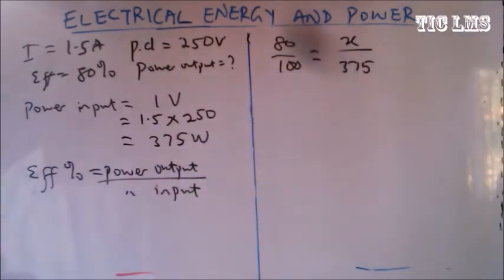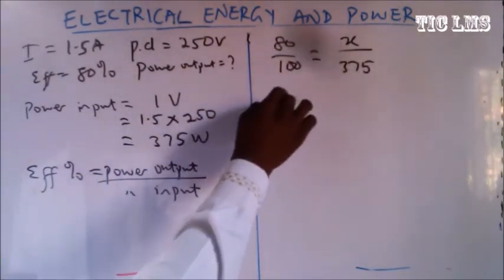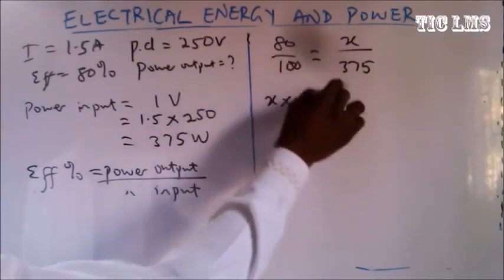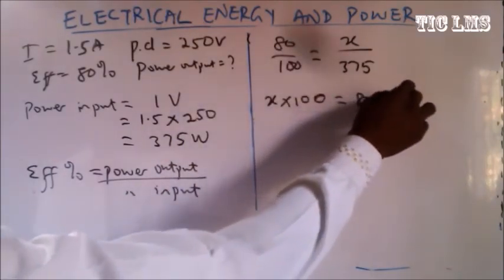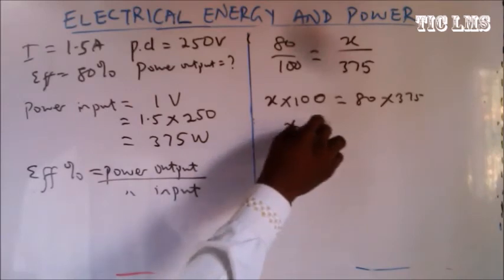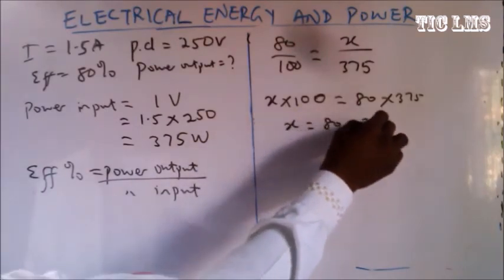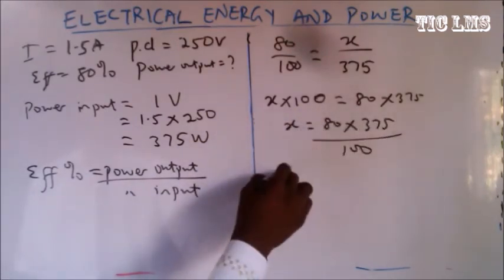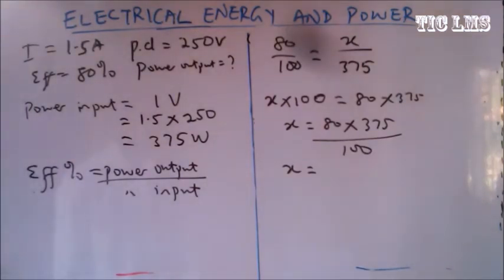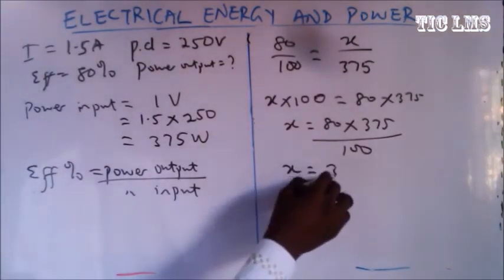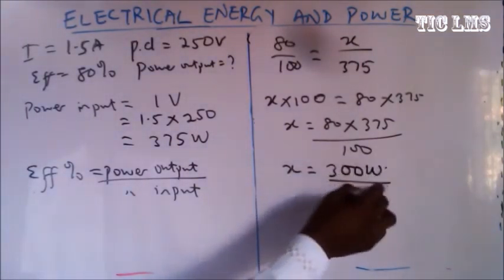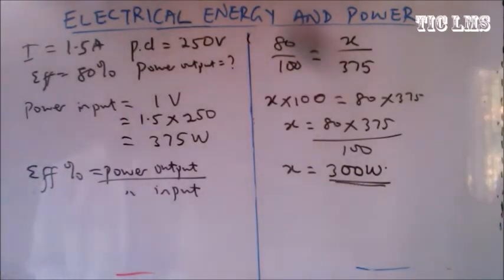So when we cross multiply, x multiplies 100, then 80 multiplies 375. So we are left with x equal to 80 multiplied by 375 over 100. So we are left with an output of 300 watts. So here is the output of this motor.